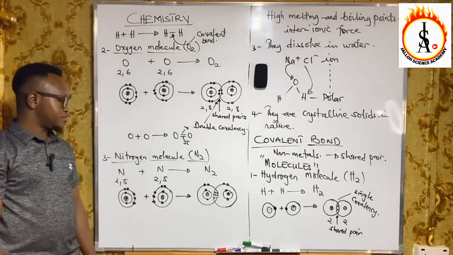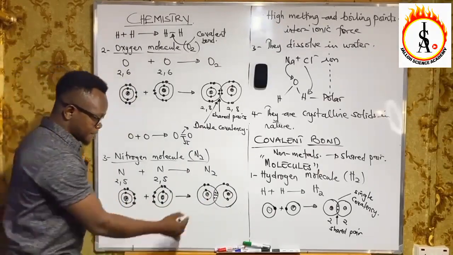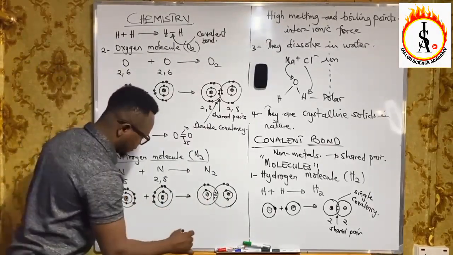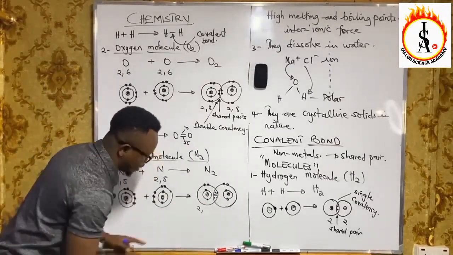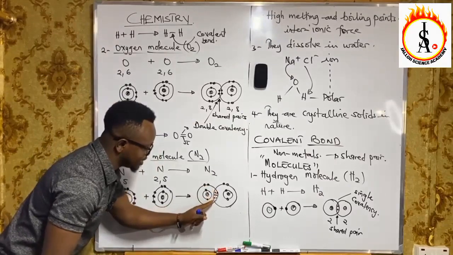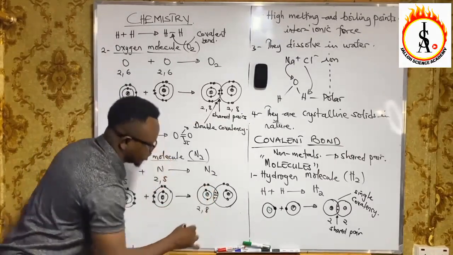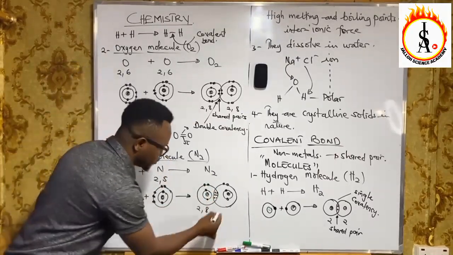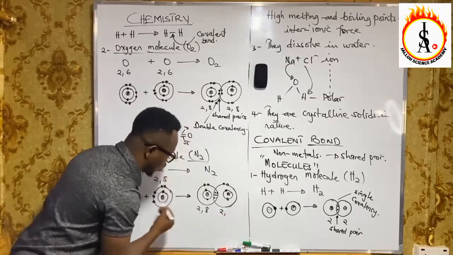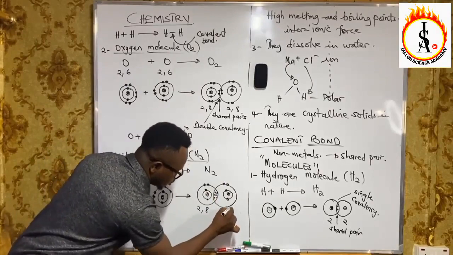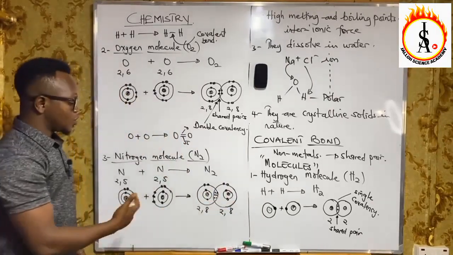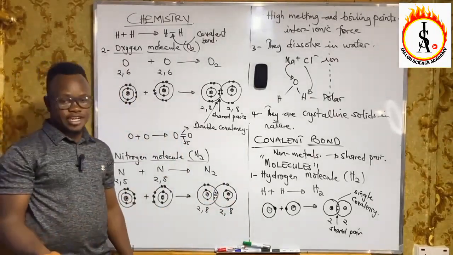Now, if you observe here, you will find out that the configuration of this nitrogen has changed from 2,5 to 2,8. Configuration of a neon. Similarly, this from 2,5 to 2,8. So each of them attaining the configuration of a neon.